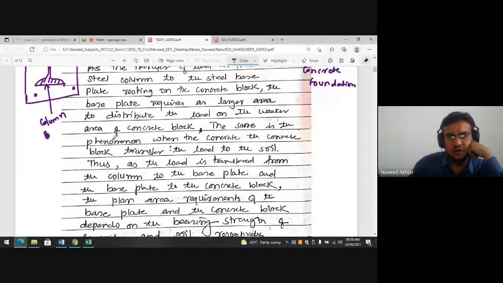So the area is increased by providing the base plate below the column. The same phenomenon applies when the concrete block transfers the load to the soil.